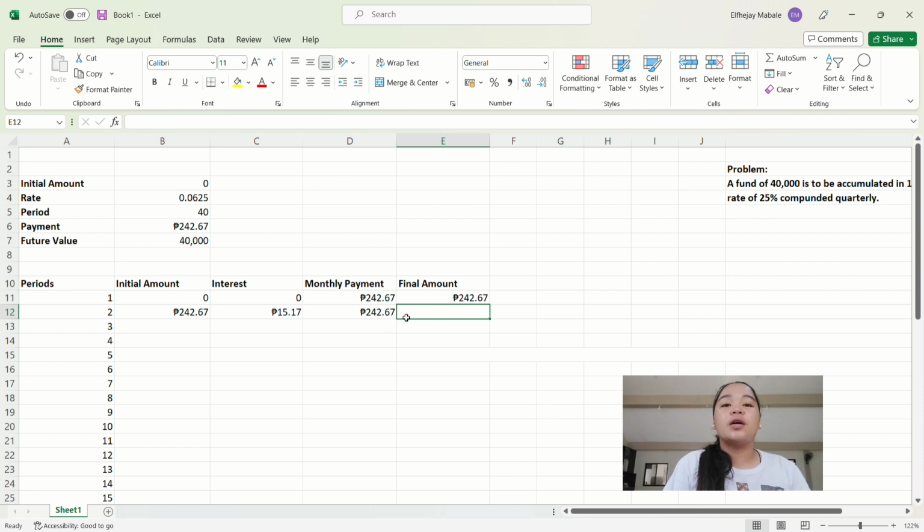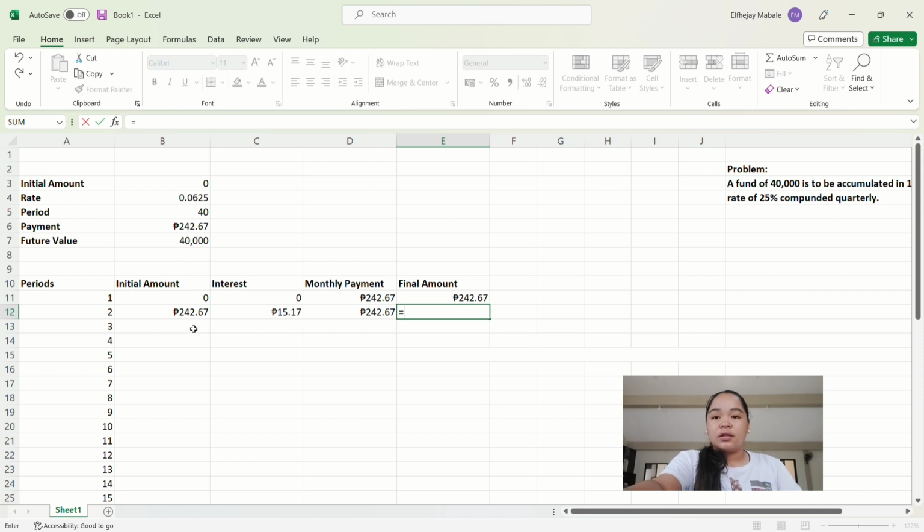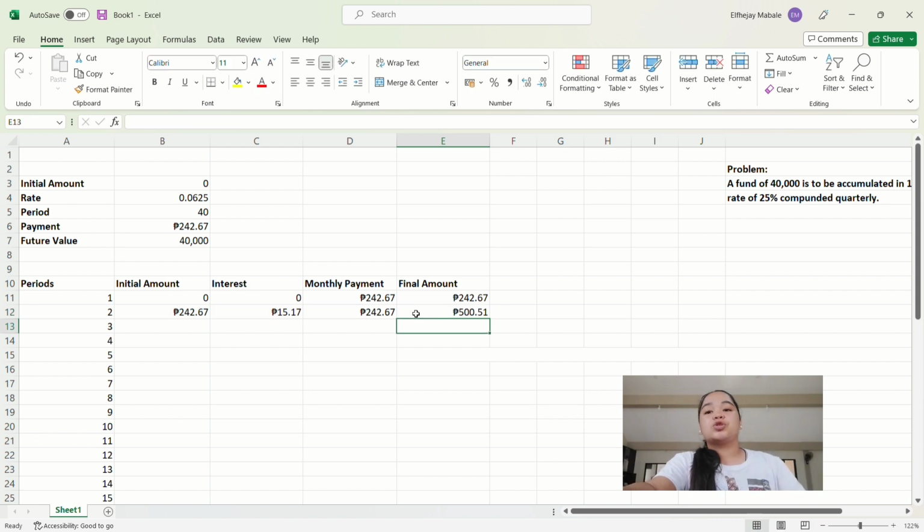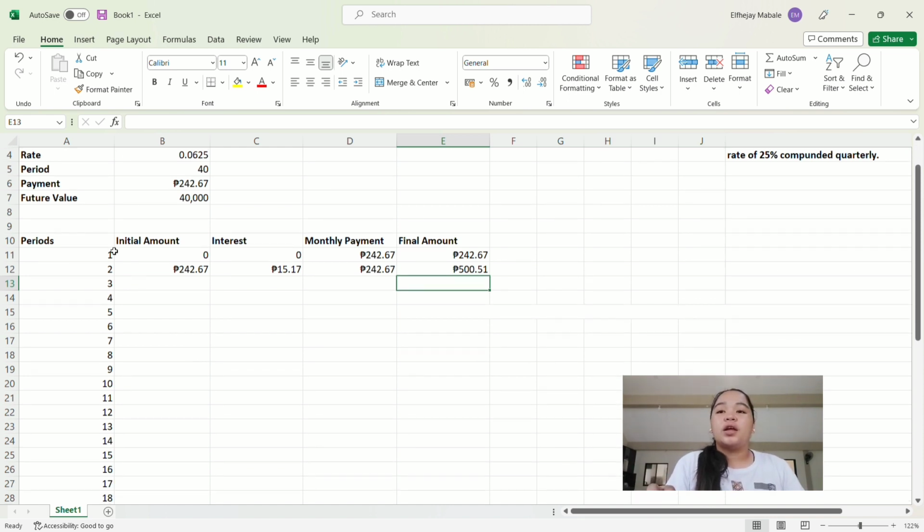Then our final amount, put the equal sign, then click the initial amount plus interest, then plus payment, then enter. So our final amount in period 2 is 500.51 pesos.